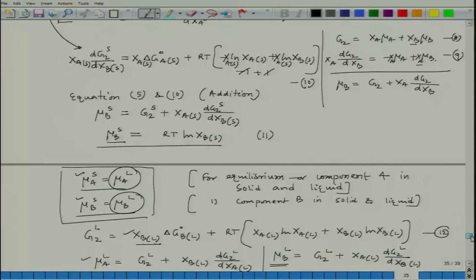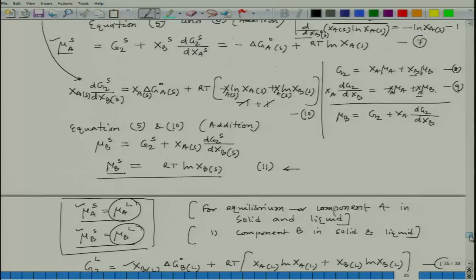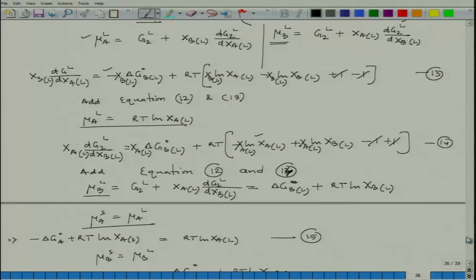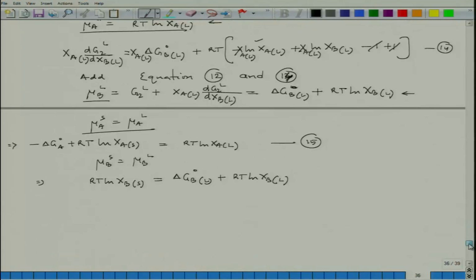Just cross checking. Mu Bs is this, mu As is this, and then mu Al is this, and mu Bl is this. So I am getting equation 16.